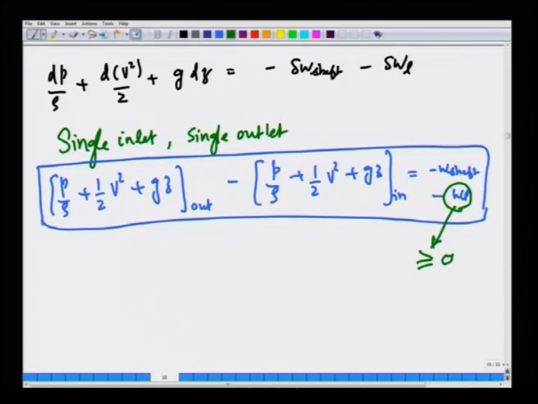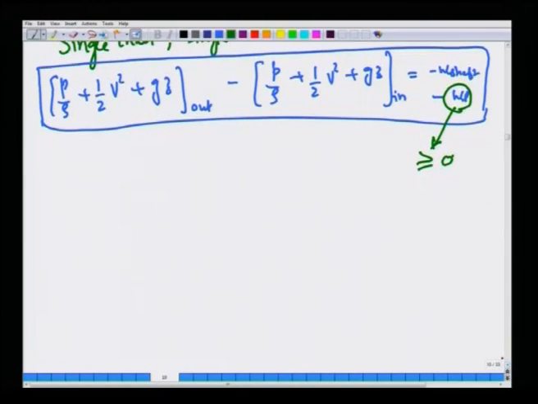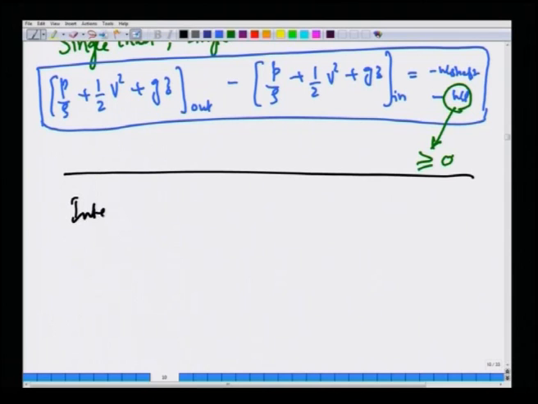Okay. Now, before I go to applications, I want to make some general comments on macroscopic balances. So, we have three integral equations. These are sometimes called macroscopic balances, because they pertain to entire cross sections of equipment.